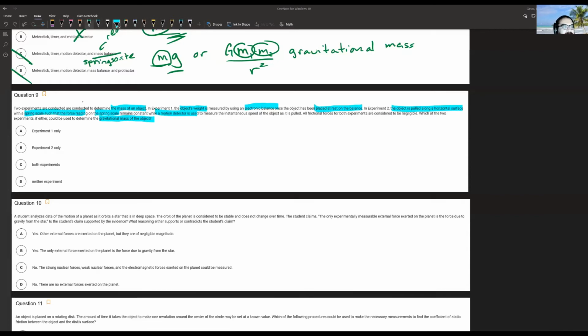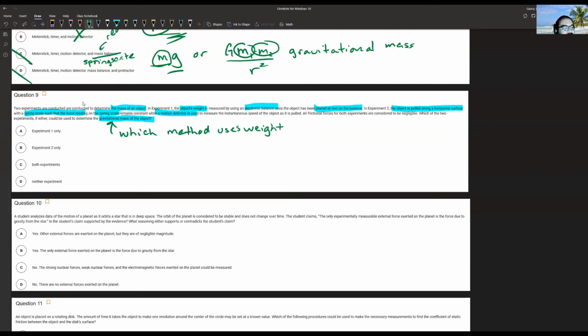So this question is basically asking, which of these will let you get weight? Or which method uses weight? Remember, gravitational mass is the mass that gives you weight.